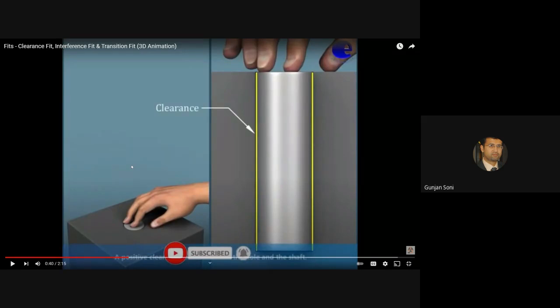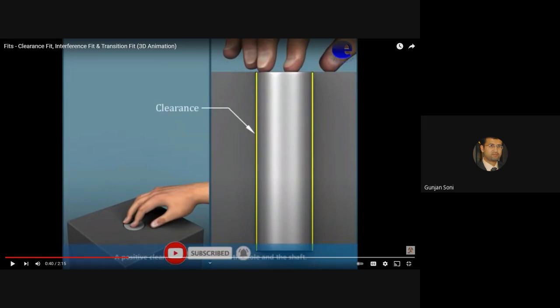And where do you think we would want a clearance fit? In real life, where do you think we would want a clearance fit? Yes, anyone?